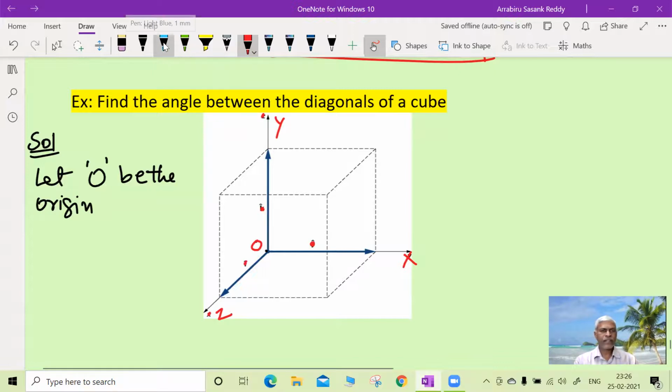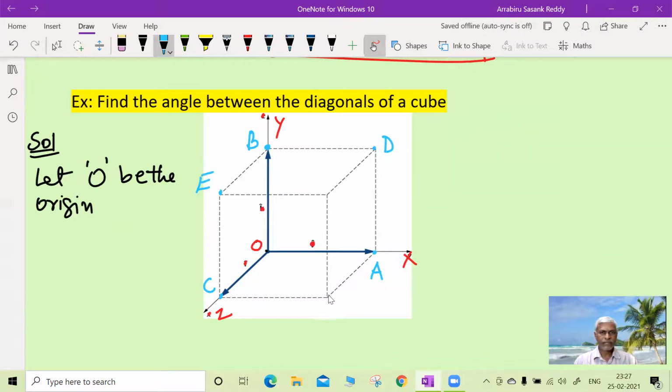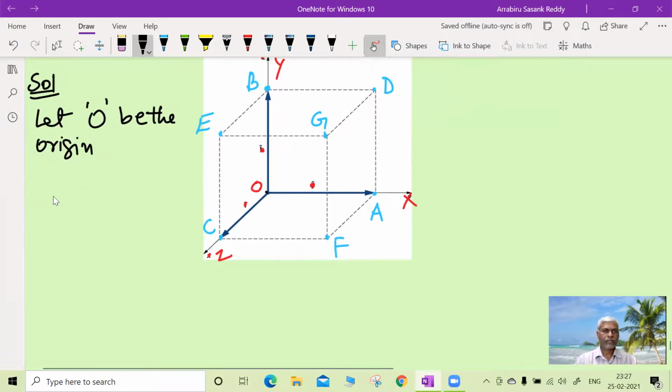So name the points as, this point is A, this point is B, and C, D, E, F, G. It is a cube.